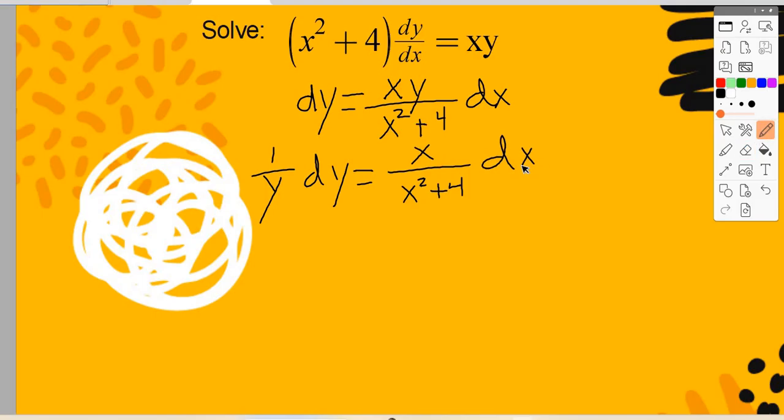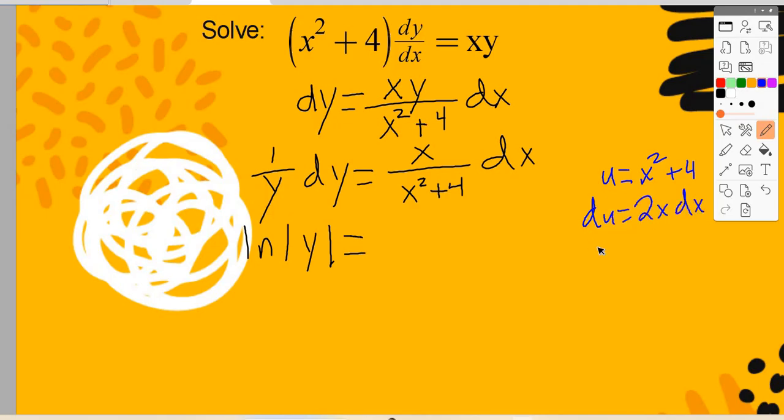Okay, so what is the antiderivative of the left-hand side? Natural log absolute value y. You should know that one pretty well by the end of all this. Now, what am I going to have to do on the right-hand side? U sub. Yeah. So u is going to be x squared plus 4, then I take my derivative, and I'm going to get 2x dx.